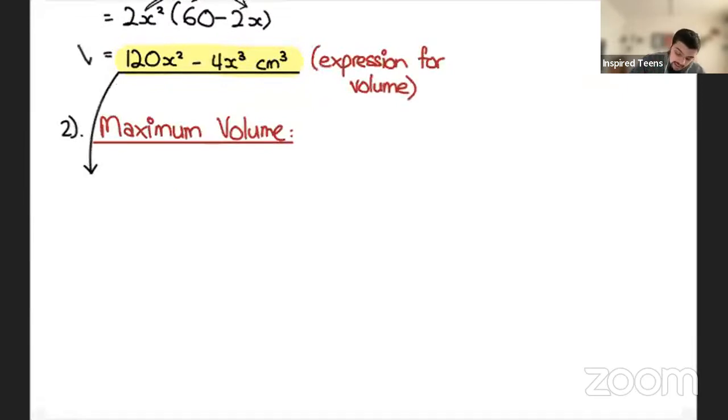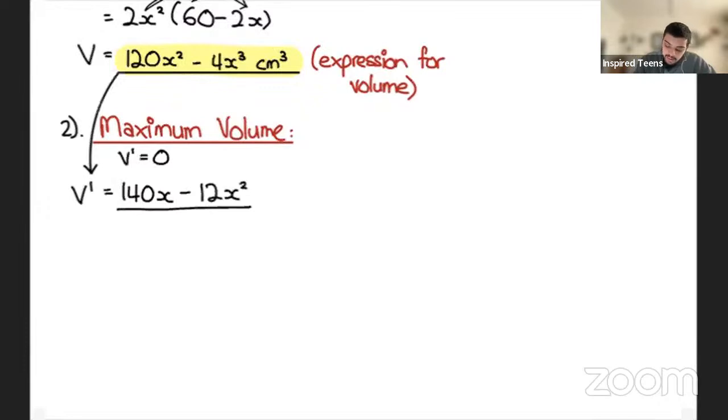So we'll say that's volume. Volume prime, or the first derivative of the volume expression, is equal to, here we can just do regular deriving, 2 times 120, that's 240x, minus 3 times 4, which is 12x squared.